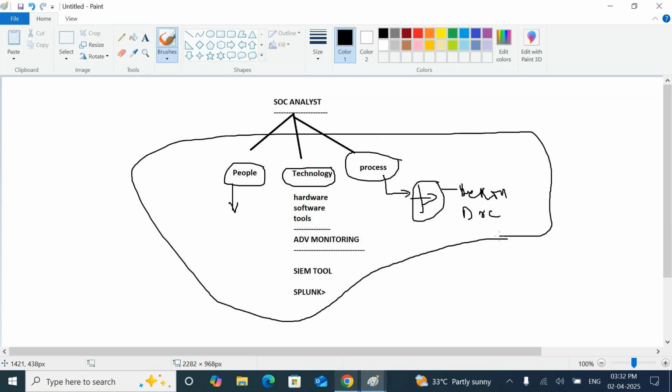Sir, in simple understanding, I will try to explain with the example of Corona. SOC is completely like the Corona process. Before entering India, the coronavirus first hit China.